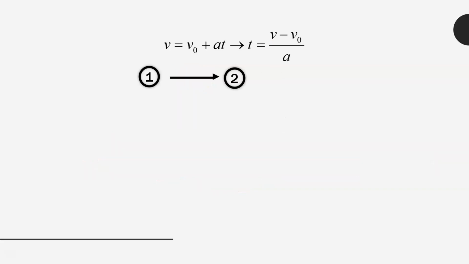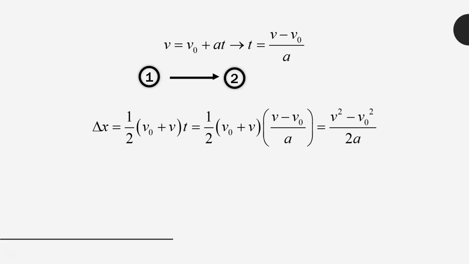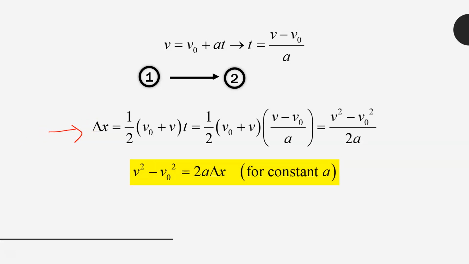Now finally, we can obtain an expression that doesn't contain time. By substituting our equation number 1 into our equation number 2 and solving our velocity equation for t, and simplifying all of these, we will get our last but not least kinematic equation, which, as I said earlier, is only applied for constant acceleration where v is increasing uniformly or decreasing uniformly.